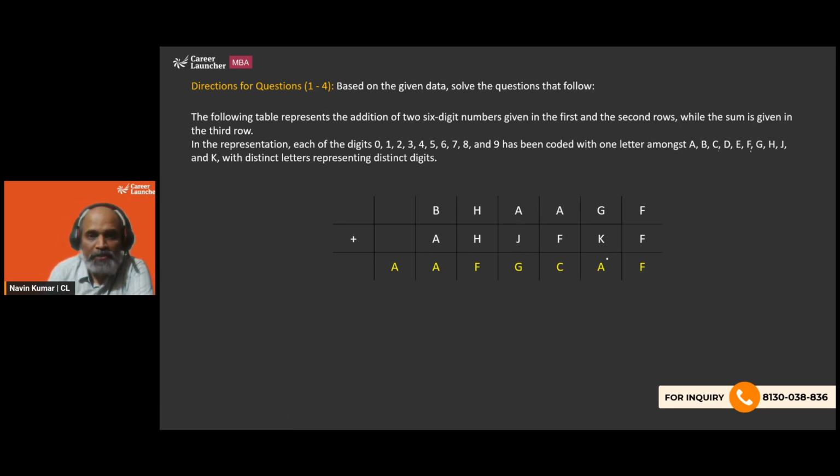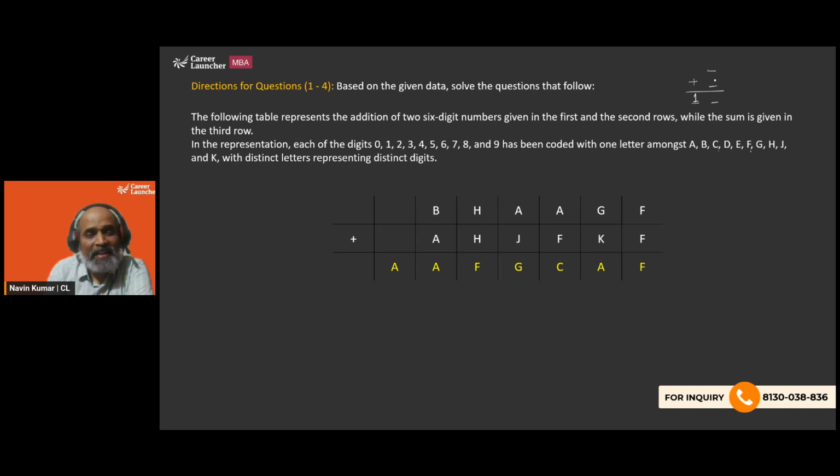So we have two six-digit numbers. When they're added, we get a seven-digit number. Let's look at single-digit numbers. If we have two single-digit numbers and when they are added we get a two-digit number, in every possibility the leftmost digit has to be 1.